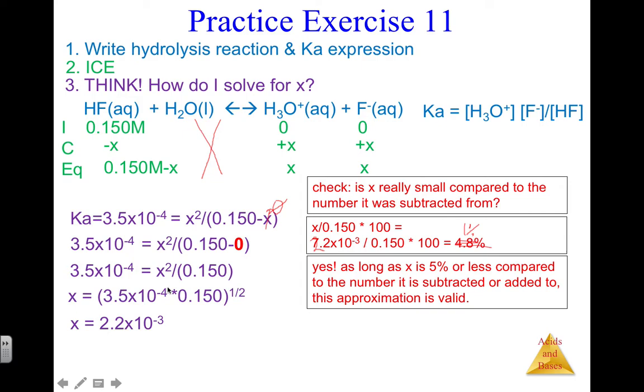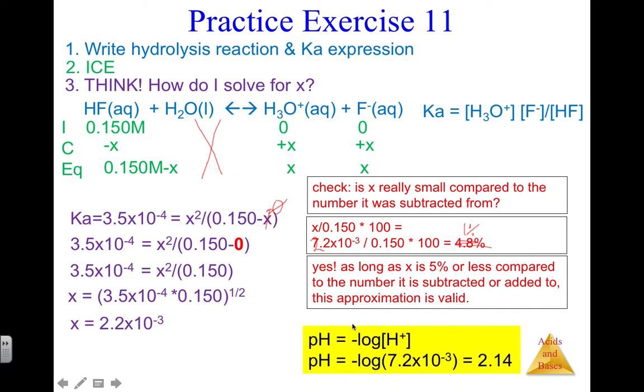Okay, so now we've solved for X. We have to figure out if we answered the problem yet, and the answer is no, because the question is asking for our pH. We have X, so again, using your icebox that you set up with your reaction up top, ICE on the side, I see that X represents my fluoride molarity, which I could have asked for. But it also represents the hydronium molarity at equilibrium.